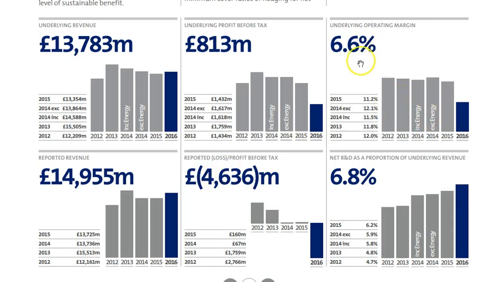So underlying operating margin, and here we have net R&D as a proportion of underlying revenue, various looking at the performance over the years in this case, but it could also be between divisions within a year, and various ways of analysing the account. So it's this sort of thing that we're going to be looking at.